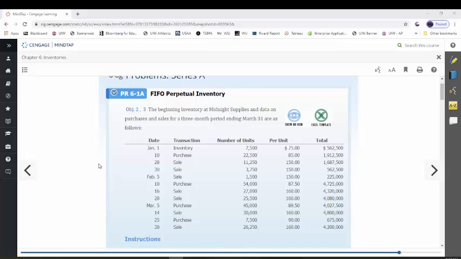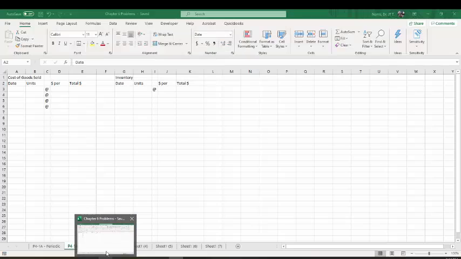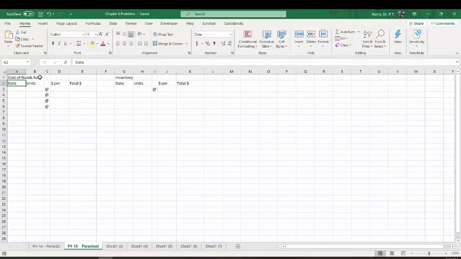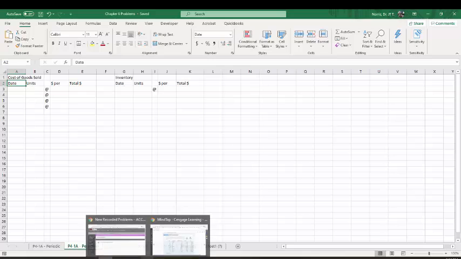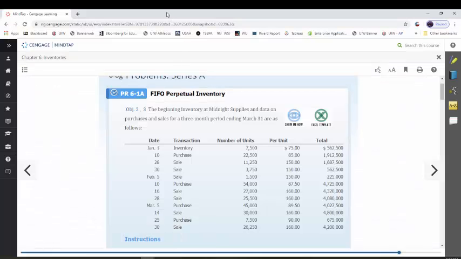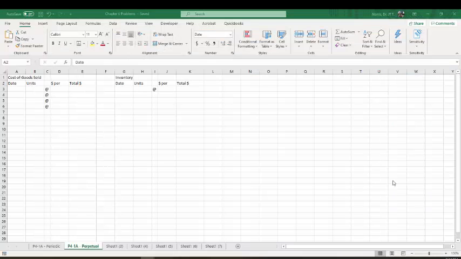The same type of data, but now we're going to do it in a slightly different manner in that we're going to create two tables, one to record the cost of goods sold and the second one for inventory. Let me go ahead and get that out of the way.